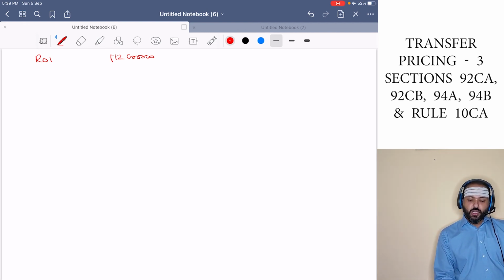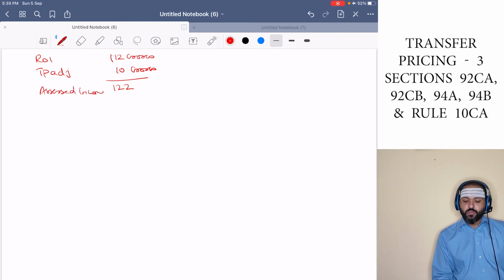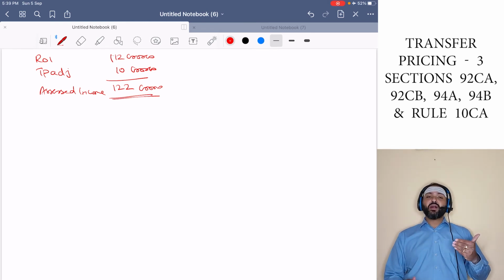The transfer pricing adjustment made by the TPO is 10 crores. This will be added by the assessing officer, and then he will say the total assessed income will be 122 crores. This is what he will pass as a draft assessment order.